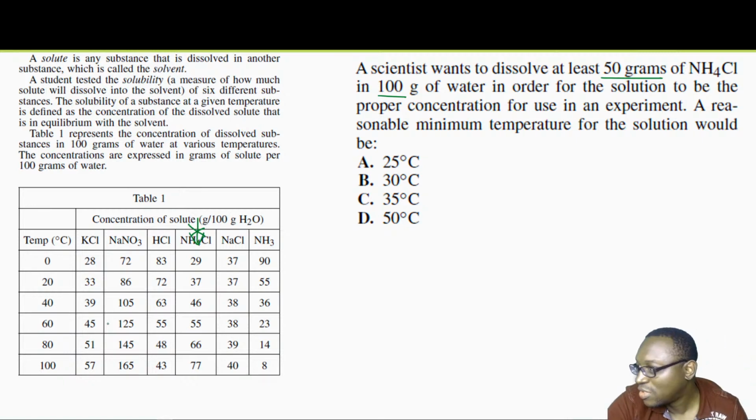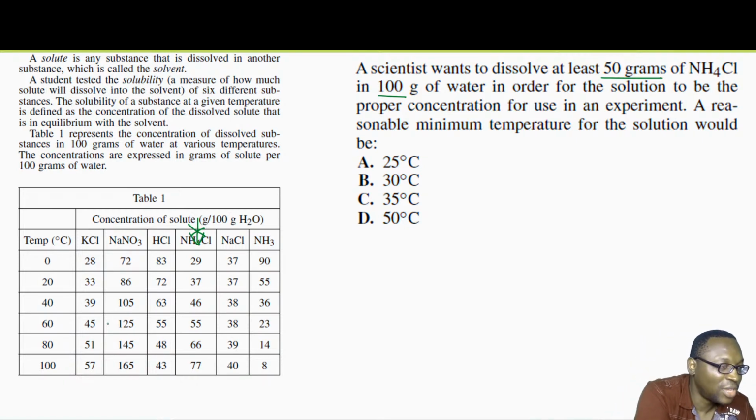One thing I want you to also see as you're answering the question is, you look at NH4Cl, pay attention that as the temperature increases, the concentration is also increasing. So that means that if you want 50, you cannot have 50 before 40 degrees because 50 is greater than 46.